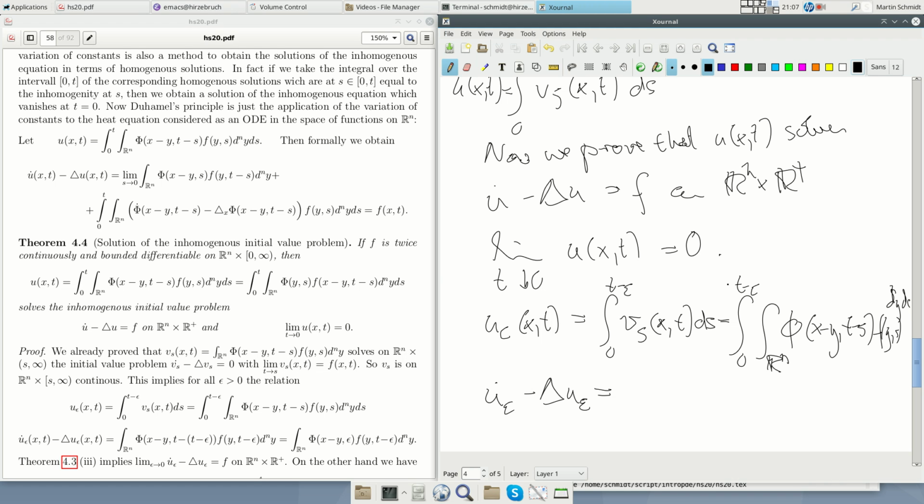So if we take here the derivative with respect to t, then we should insert f for s equal to epsilon.